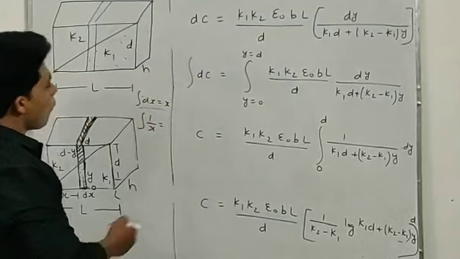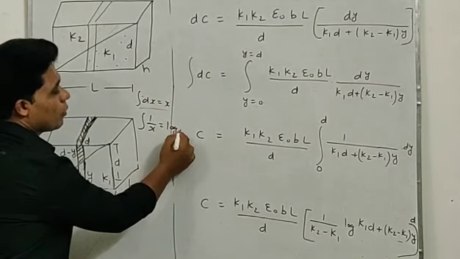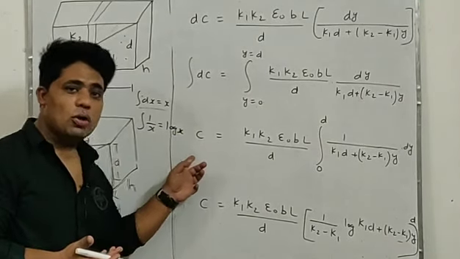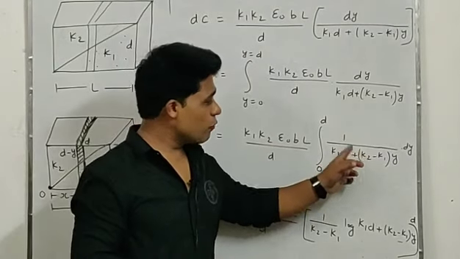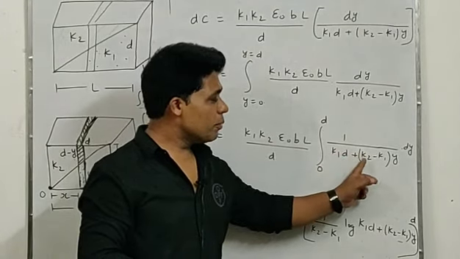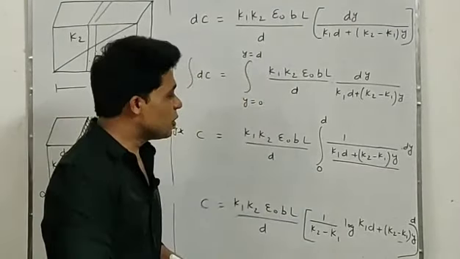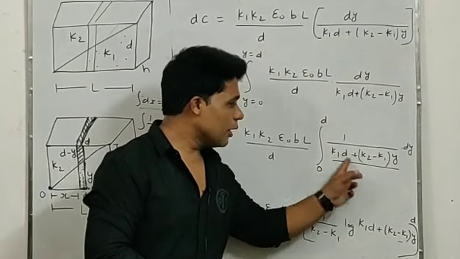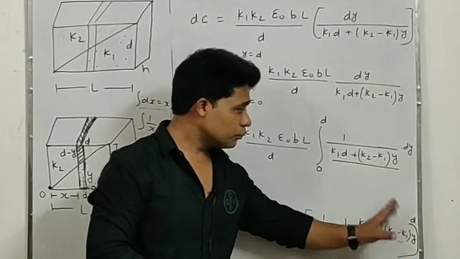Look students, integration of 1 by x is log x. Integration of 1 by x is what? Log x. On account of that, in the integration of 1 upon K1 D plus (K2 minus K1) y, this entire term behaves like x. So 1 upon x gives log x, that is log of K1 D plus (K2 minus K1) y.